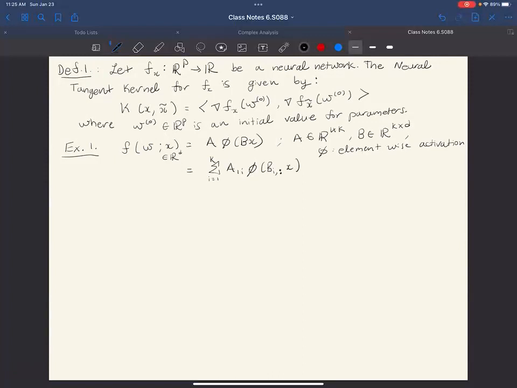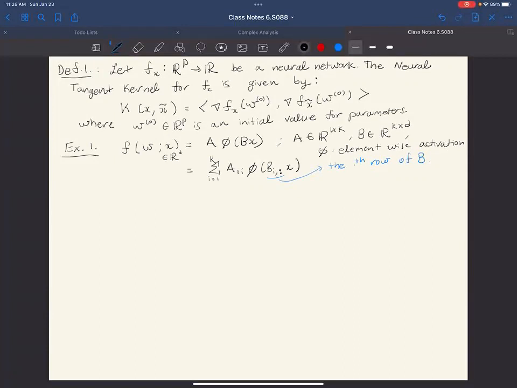Remember that these bi colon terms here are just the ith row of b. And because my a is just a row vector, if you just expand out the terms in a of phi bx, you'll see that it has exactly this form. And we did this computation in the last lecture for the neural network Gaussian process.